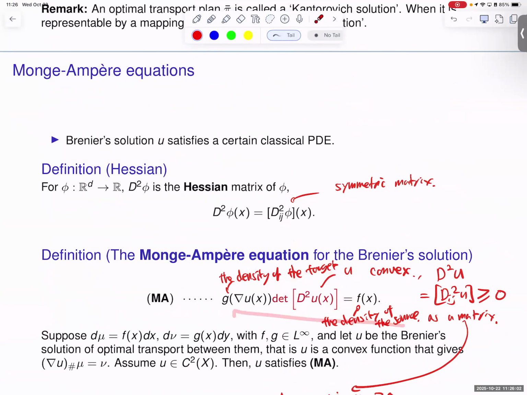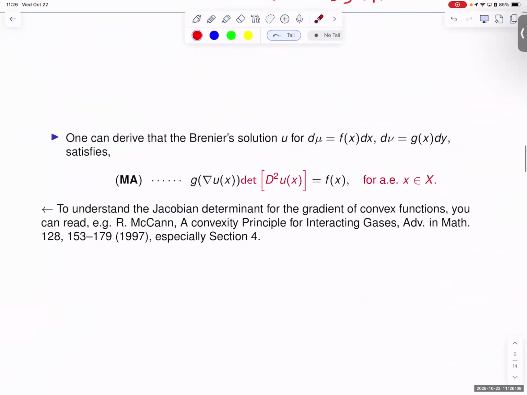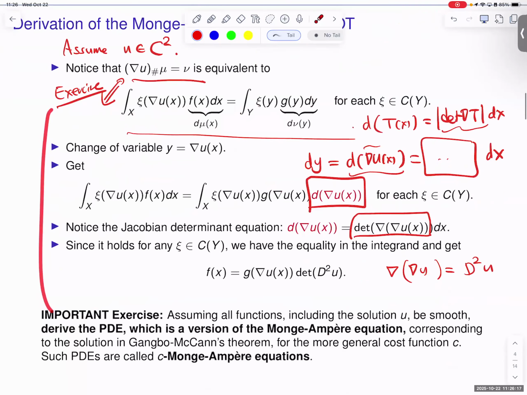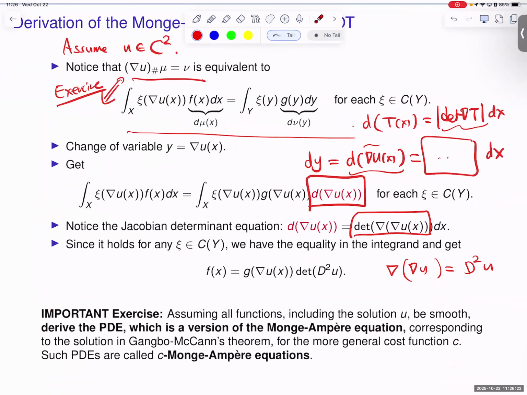So at least the equation can be written for almost every x. And in fact, the Brenier solution, so here to derive this property, we assumed that u is C2, but you can just assume u is convex and Lipschitz.